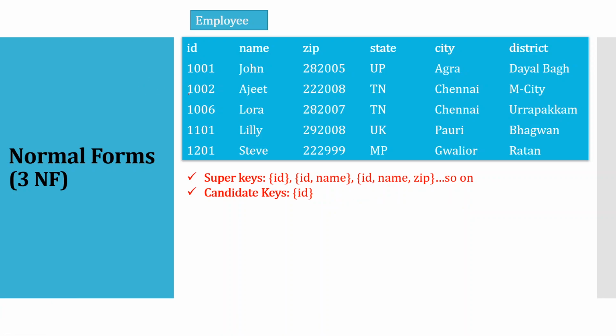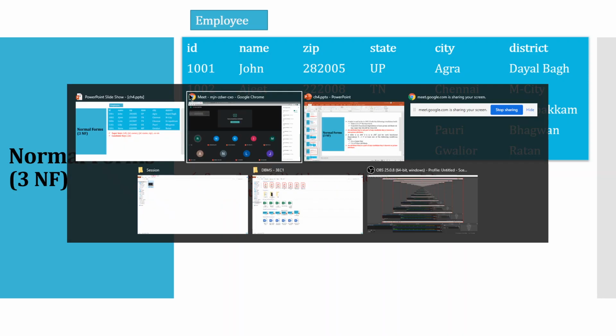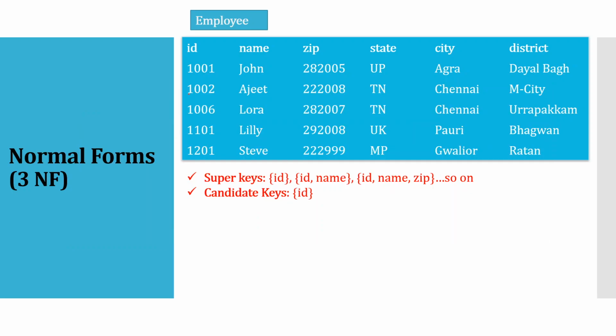Now, can anyone identify any transitive functional dependency in this particular set of columns? What is the transitive functional dependency somewhere in this table? Anyone? Just try to find the transitive functional dependency in this table.